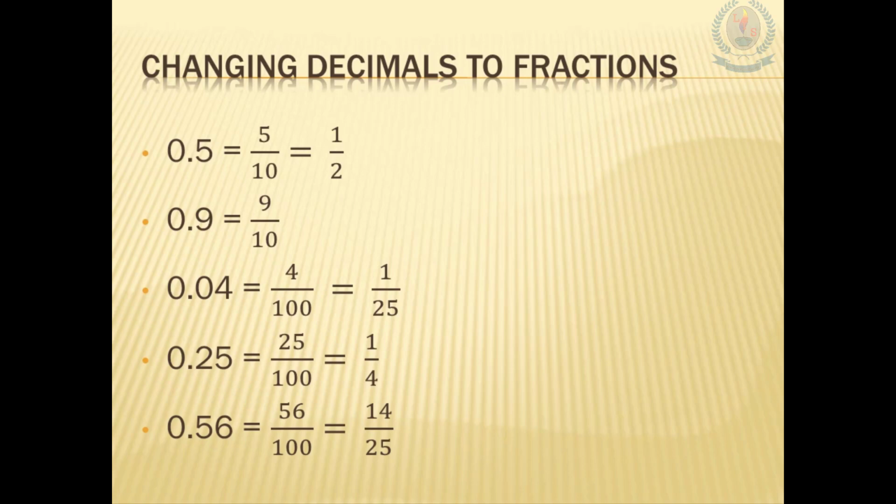0.25 you can write as 25 out of 100. So you can simplify those two numbers by dividing by 25. The answer is 1/4. 0.56 you can write as 56 out of 100.